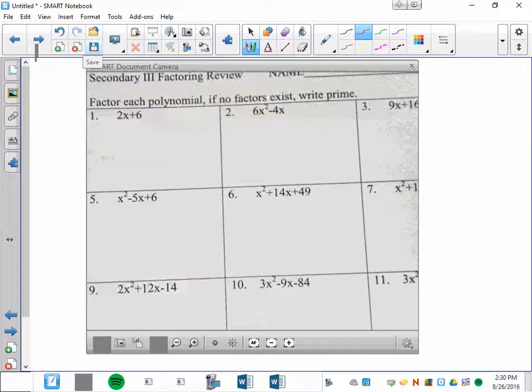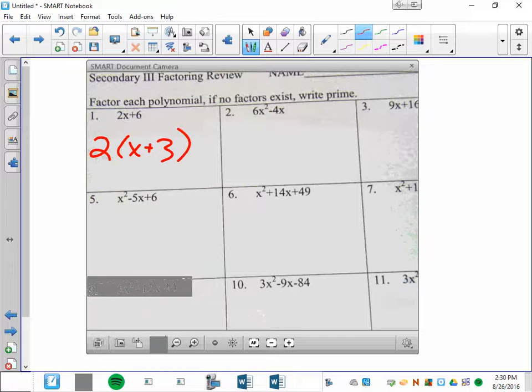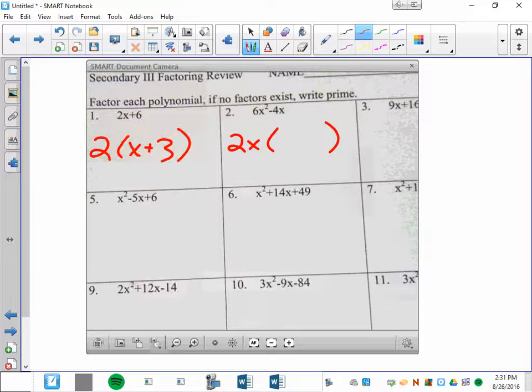So, number one, is there a greatest common factor between 2x and 6? 2. So I pull out a 2, and what am I left with? X plus 3. Okay, what about the next one? 2x, and what's left? 3x minus 2.